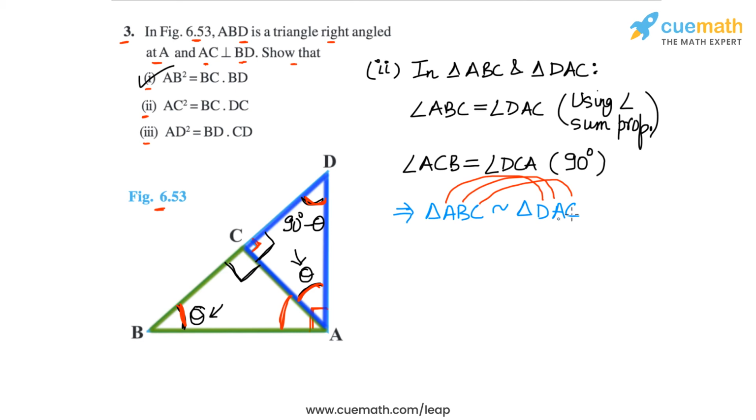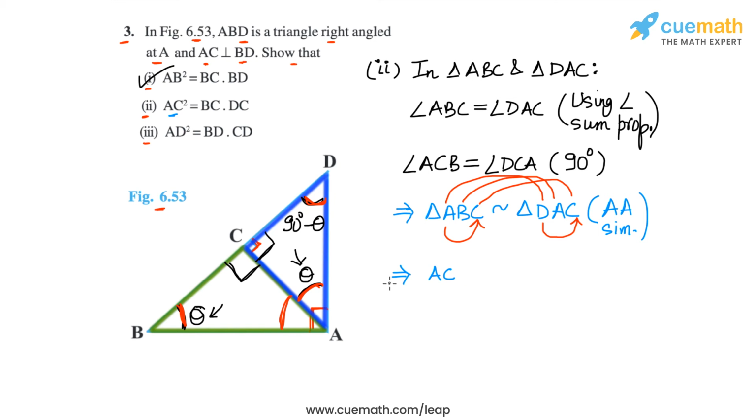Because of this similarity, and this is basically because of the AA similarity criterion, we can say that the corresponding sides will be proportional. So we must have AC, we want AC square in the relationship. So AC in the first triangle will correspond to DC in the second triangle.